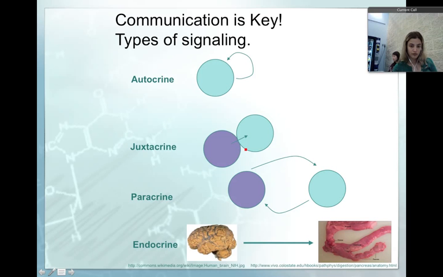Juxtacrine signaling, that is the cancer cell talking to an immune cell or to a fibroblast. All of these things matter. How do you become independent of growth signals? Maybe you're making your own growth signal, autocrine signaling. So all of these immediately are relevant to cancer.